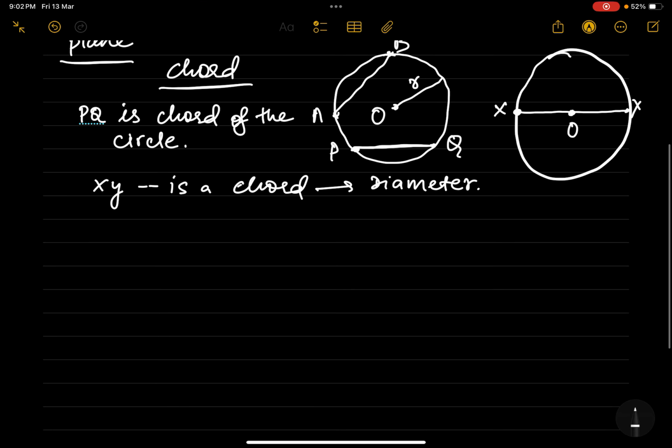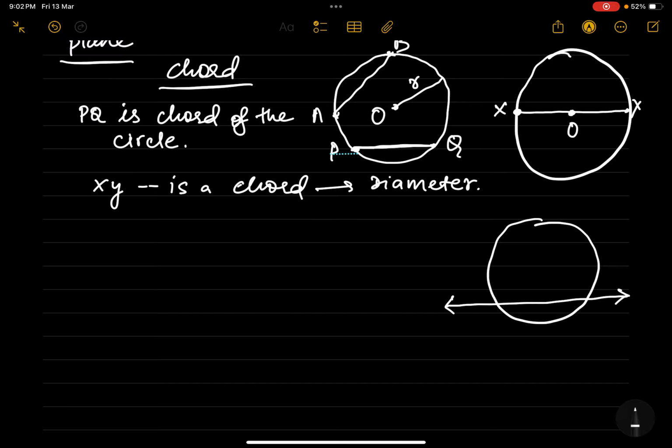Okay, so again I'm going to define some more terms. Suppose we have a circle again here, and I am going to draw a line which passes through any 2 points of the circle. In a chord, I draw a line segment which joins any 2 points of a circle. Here I am drawing a line which passes through any 2 points of the circle.